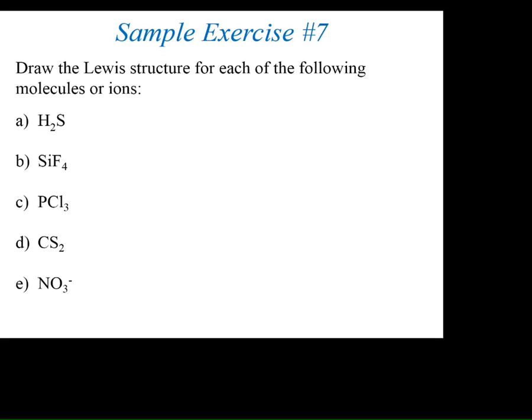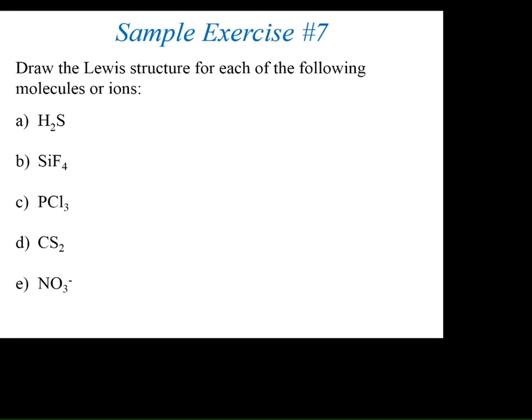Okay, well, every atom except for hydrogen needs to have 8 total. So right now, this fluorine had 2 next to it. See that? So it needs 6 more to give it 8. So now it's got 2, 4, 6, 8. This fluorine only had 2, so it needs 6 more.